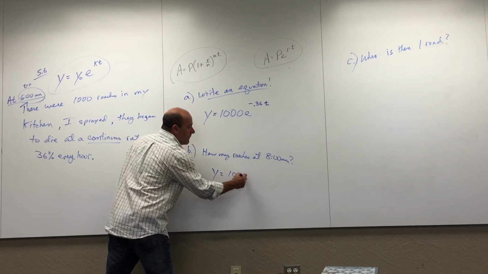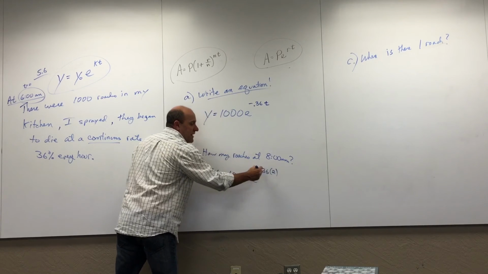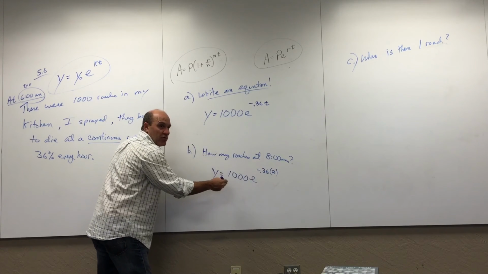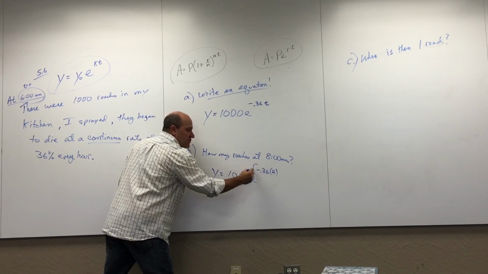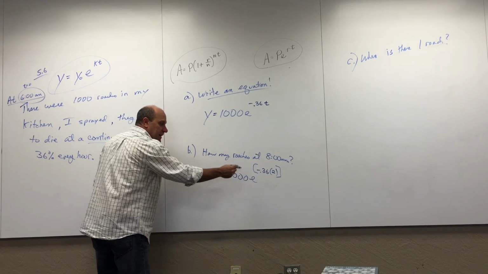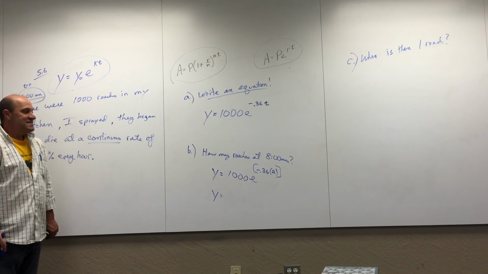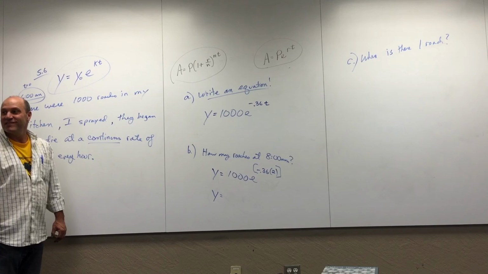By the way, be careful with your order of operations. You got to multiply by 2. You got to e it. You got to multiply by 1,000. Maybe an extra set of parentheses helps you. I don't want to confuse you, but I'd like to know what the answer is. Hopefully it's less than 1,000.